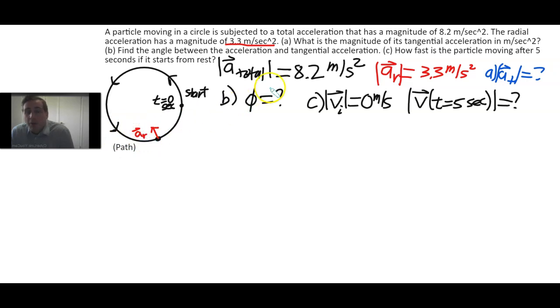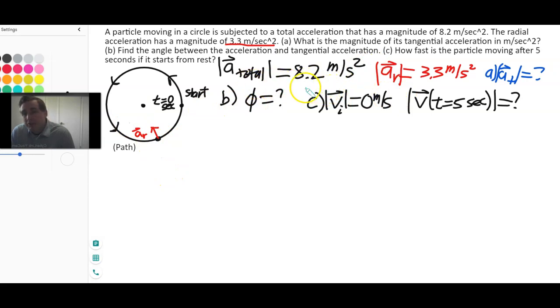By the way, we know this particle starts from rest, so it has to have a positive tangential acceleration, which is bringing it in the direction it's already going. Let's label this to be the center of the circle, somewhere about right there. And then let's get the tangential acceleration.